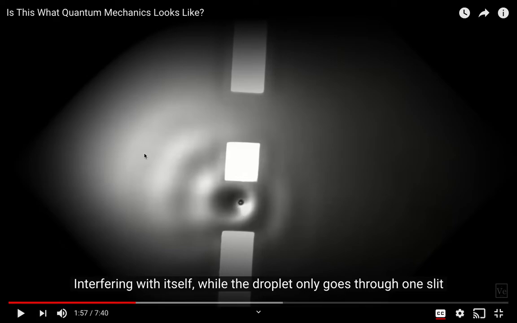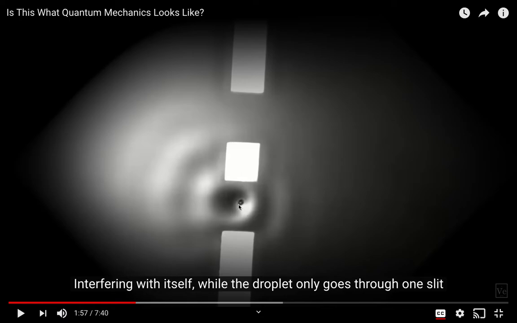Okay, so if you have a droplet that's creating a wave, that wave is emanating out around the droplet. So that pilot wave is going to go through both slits, right? Now that means you're going to have two waves coming through, and those two waves will interfere with each other.